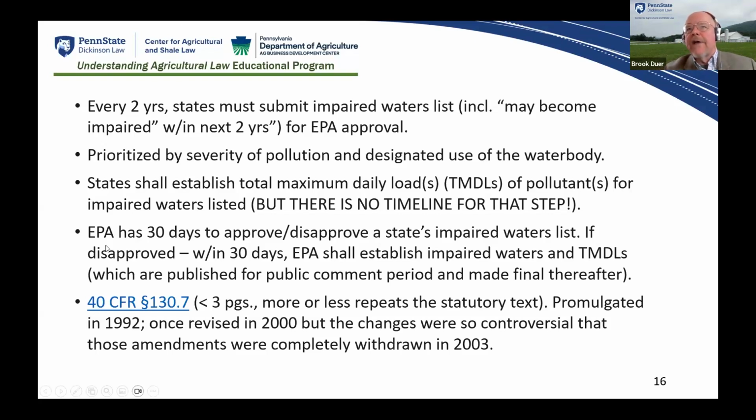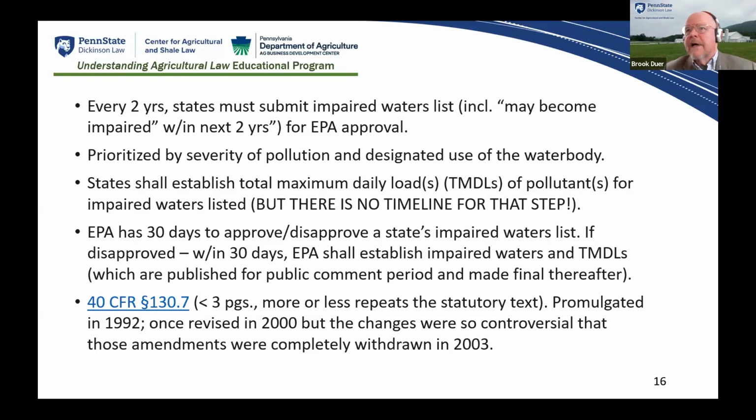Now, here's the site to the regs. The regs are less than 3 pages long, and it took them 20 years to do them. And that's for all of those duties that I outlined for you that the states are to perform. Now, they were once revised in the year 2000. Most of us might not remember that. I don't remember that, because I was in private practice at that time, I vaguely had a little awareness of all of this going on.